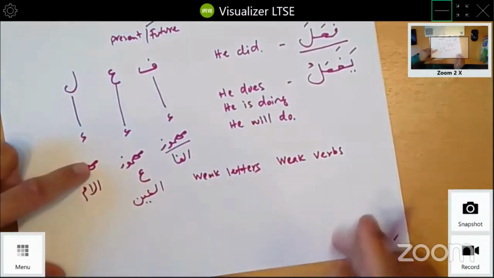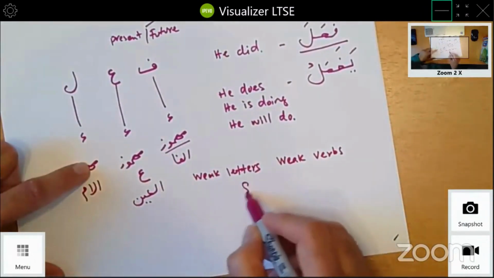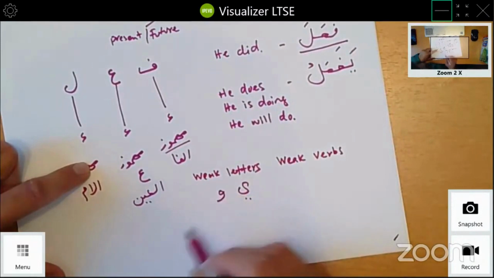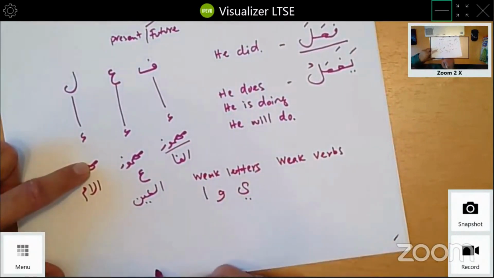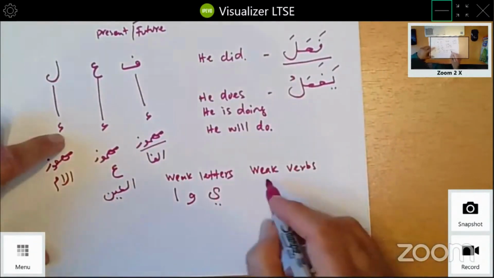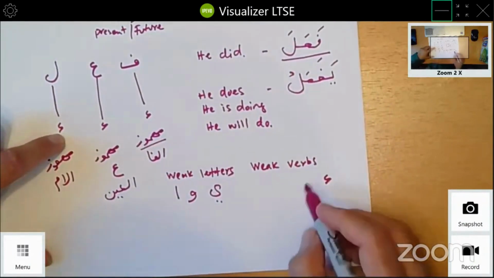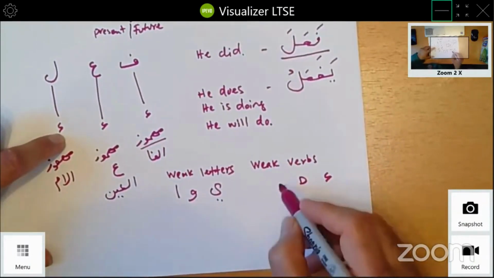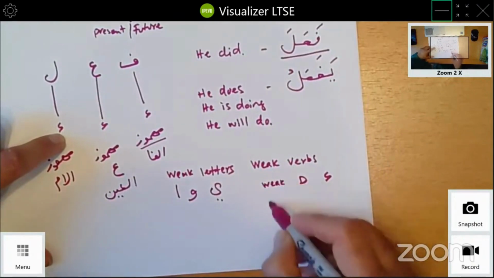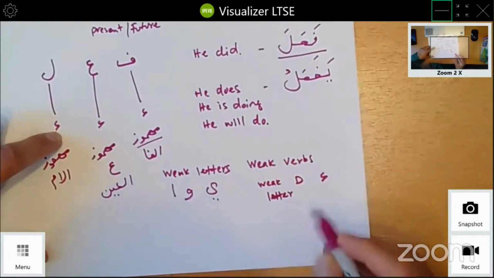When we think about weak letters, we say ya, waw, and alif. But when we think about weak verbs, it is when there is a hamza, there is a double letter, or there is a weak letter. Follow? So try to distinguish this.